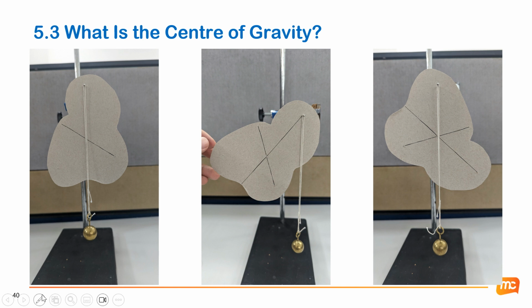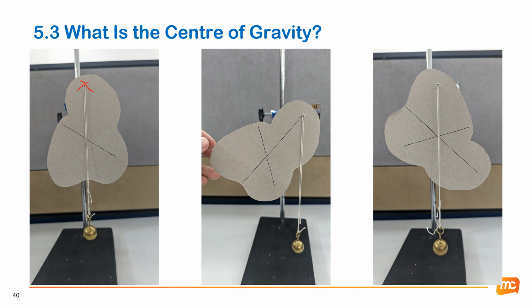And when I do so, I draw another line. Because what is happening over here tells me that the weight must be somewhere below my pivot here. Sorry, let me do that in red just to make it very clear.